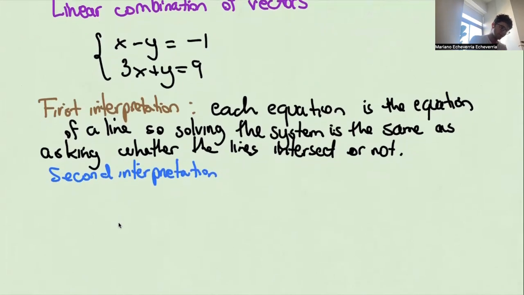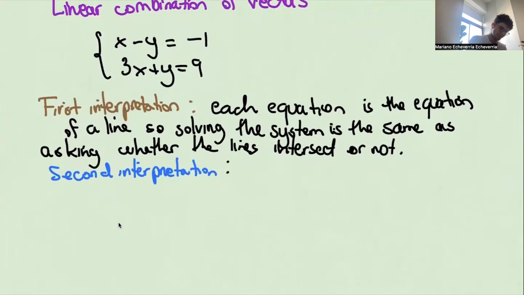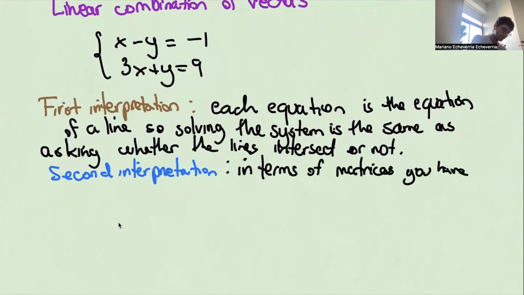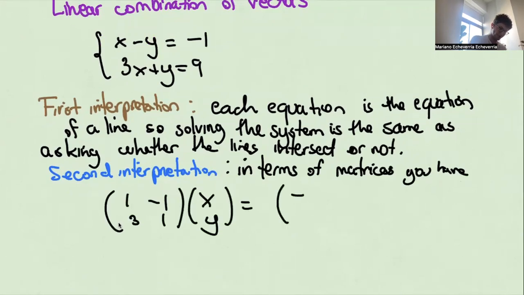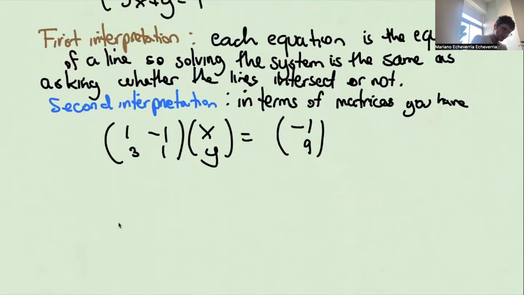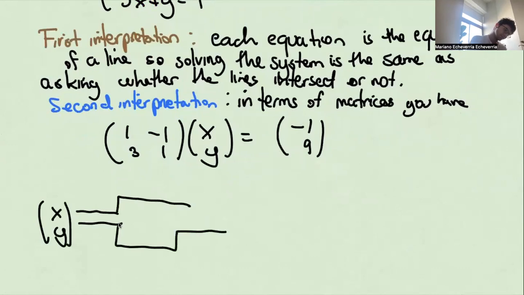In terms of matrices, you can rewrite this as the matrix [1, -1; 3, 1] times the vector (x, y) equals (-1, 9). So you have the vector xy here, and you have the matrix A here.